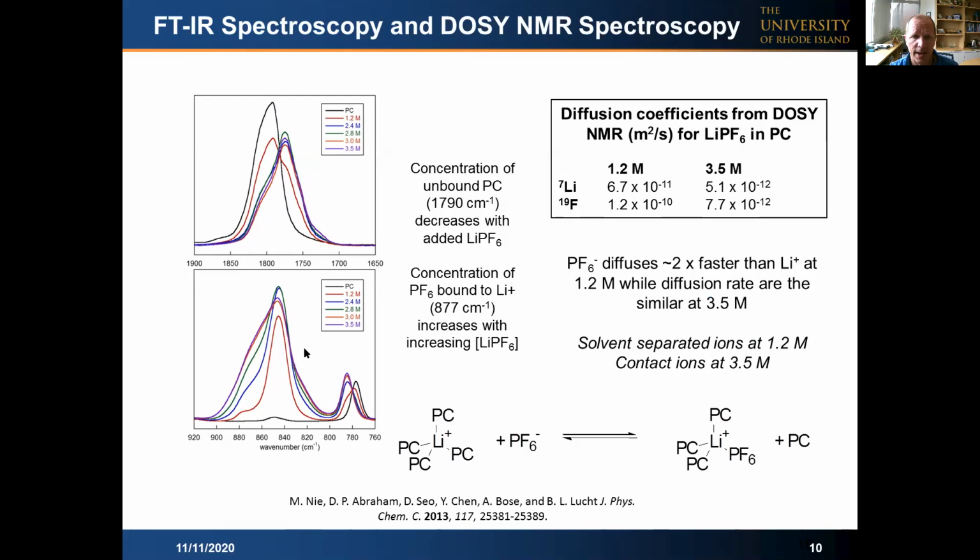And we see the same thing in the PF6 region, where when we start off, we have PF6 being very symmetrical, suggesting that the PF6 is not bound to the lithium cation. Then at high salt concentrations, the PF6 signal changes, consistent with PF6 being bound in a contact ion pair. Similar results are observed from the DOSY NMR, which suggests that PF6 diffuses twice as fast at low salt concentration, while the diffusion rate is very similar for lithium and fluorine at high salt concentrations.